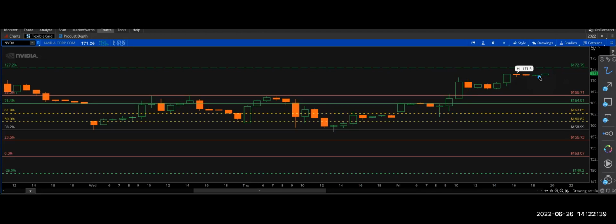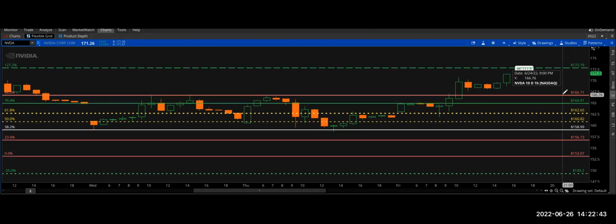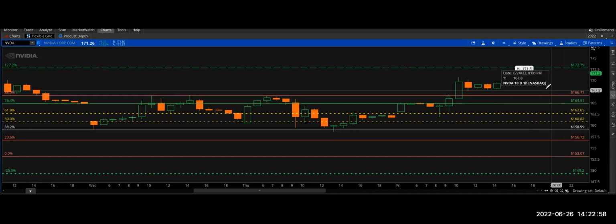By all rights, where's it going to go? First of all, at the extreme, it's going to come back down and tag 166.71, roughly around that area. So if you were to get bearish, that's when you should be saying, okay, I want to be placing a trade around 166.71.